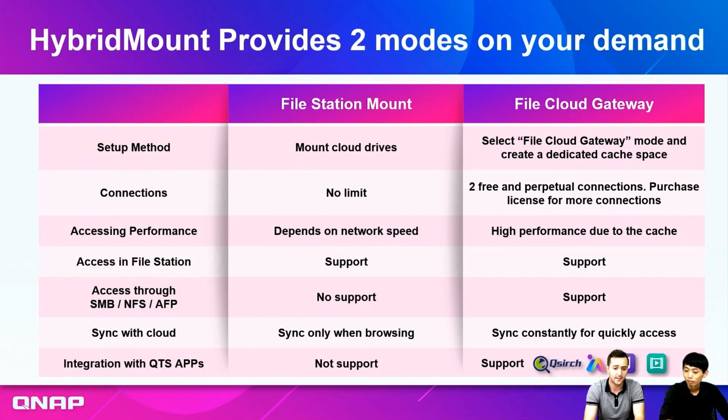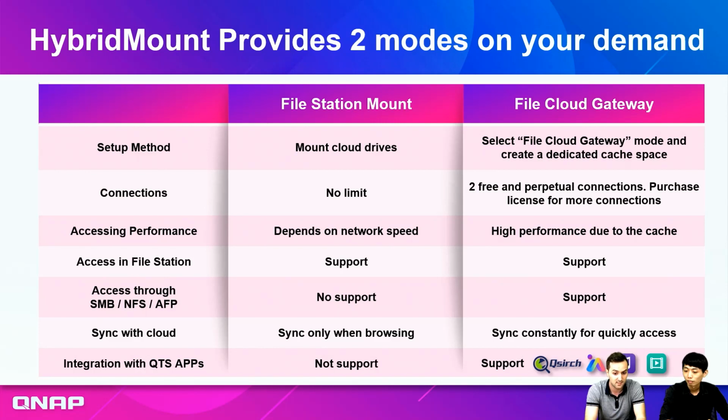And they also differ in that the first mode has no limit of connections, but the file cloud gateway, when we are using the cache space, has two free and perpetual connections. That means you have to purchase licenses if you want more connections, right? And the accessing performance of the first depends on the network speed, but the other one has high performance due to the cache space that we already allocated, and direct access to the files.